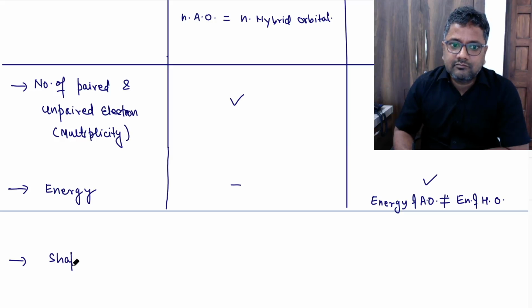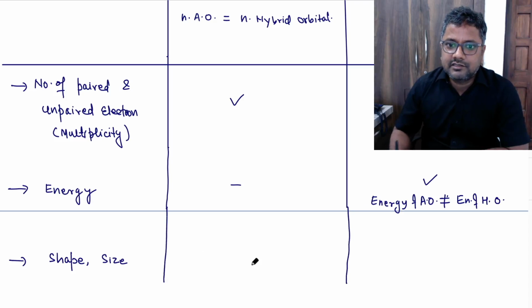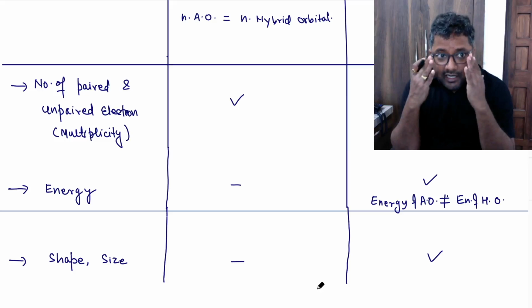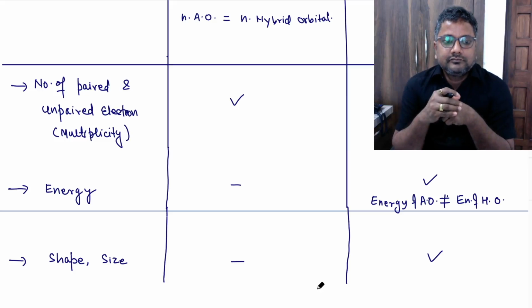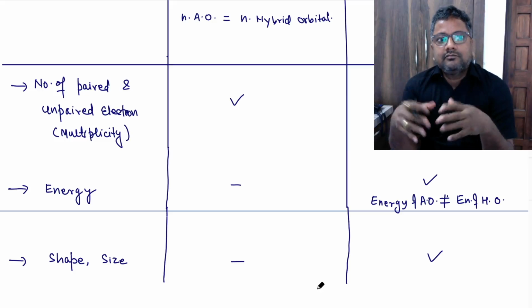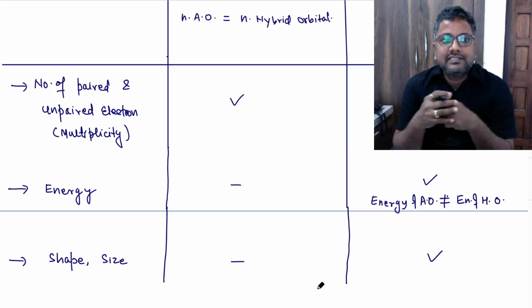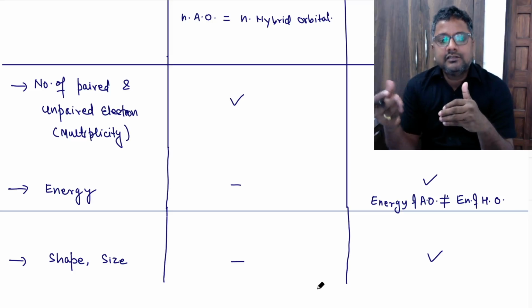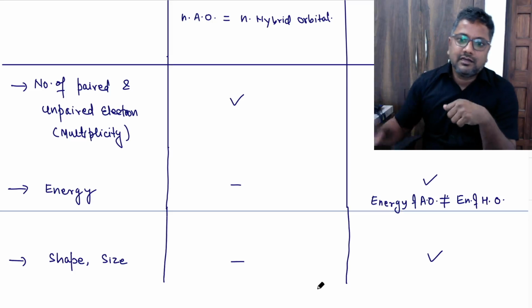Now come to the next point. Shape and size are also not conserved. Means if S and P are mixing together, then you will get some different shape and size of hybrid orbital. Means the shape and size of the atomic orbital is not retained in the hybrid orbital.